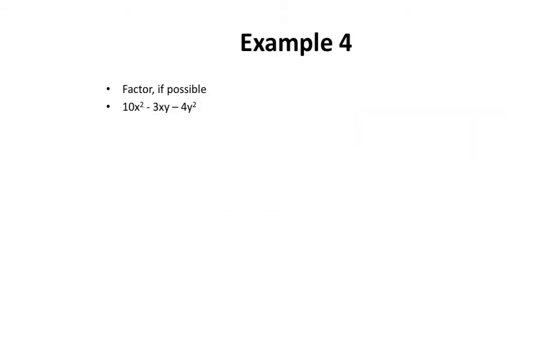In our fourth example, we want to factor this quadratic expression. Again, you'll notice that the coefficient of x squared is not 1, it is 10. As well, you'll notice that there are two different variables present. There is an x and there's a y present, something that we haven't seen before. Let's begin by rewriting the question.